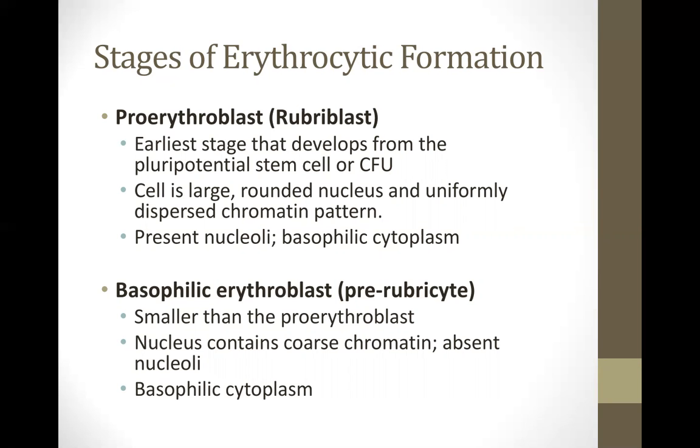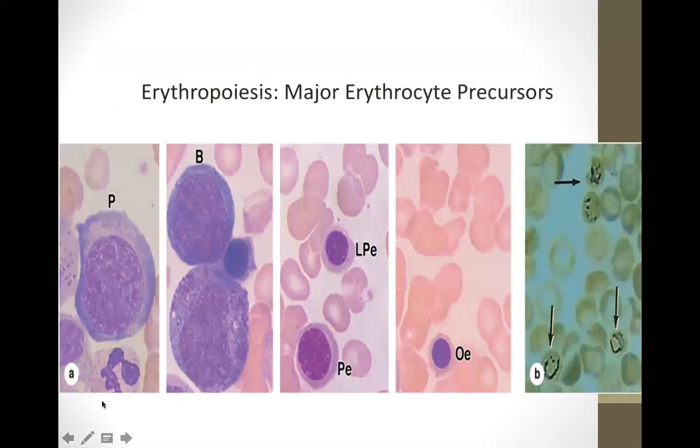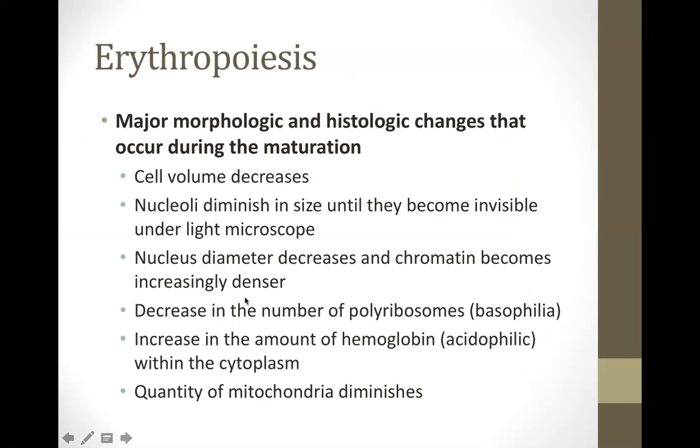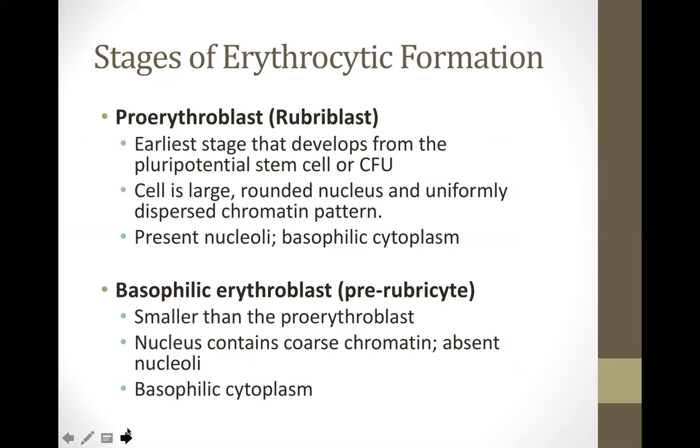Now, the proerythroblast is also known as a rubriblast. The cell here is large, with a rounded nucleus and uniformly dispersed chromatin pattern. Nucleoli is present and it has a basophilic cytoplasm. Now, remember, sabi natin, as RBC matures, there's decrease in the number of polyribosomes or basophilia. So, first stage pa lang, basophilic kagad ang cytoplasm niya.